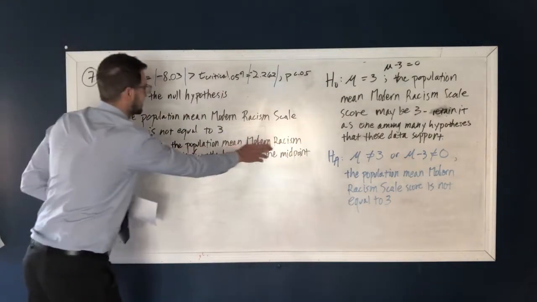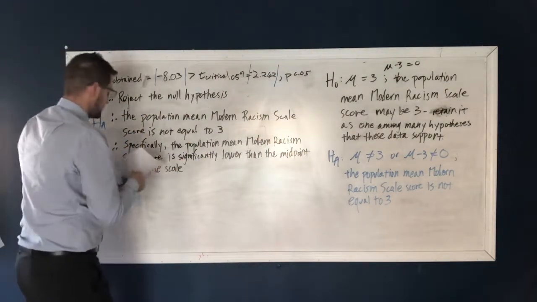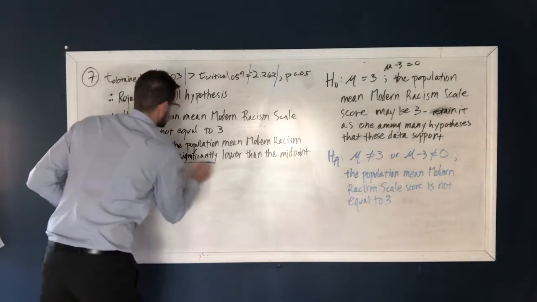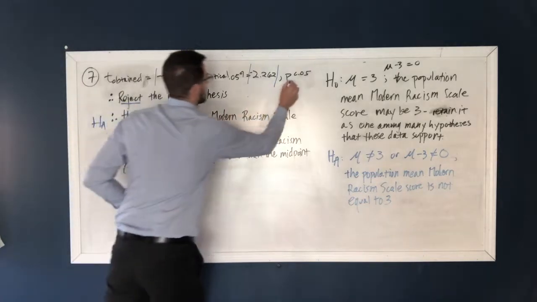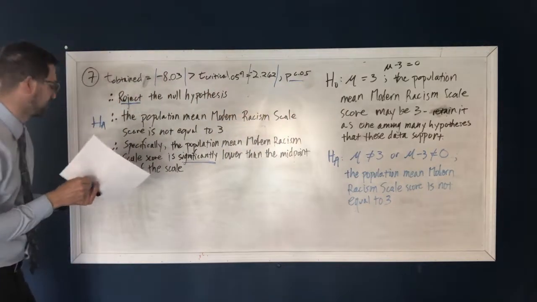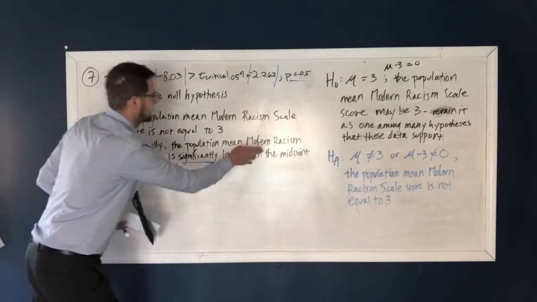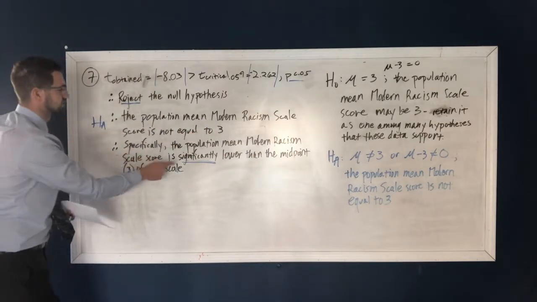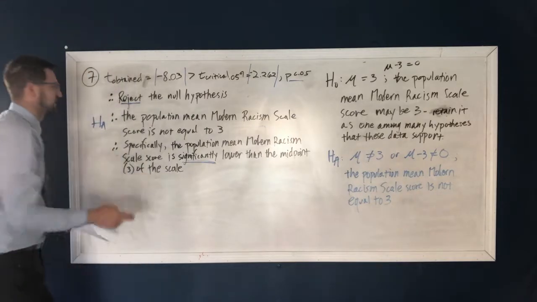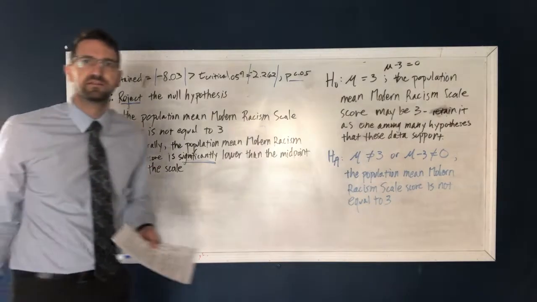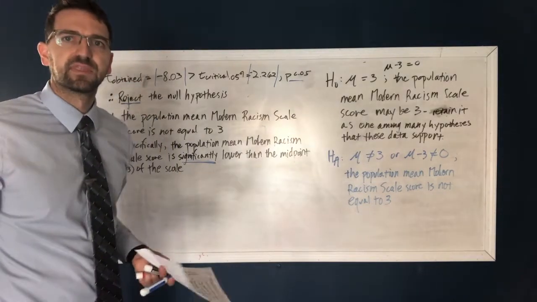Specifically, the population mean modern racism scale score is significantly, and we can say significantly because we're rejecting the null hypothesis and p is less than 0.05, lower than the midpoint of the scale, which is 3. Okay.